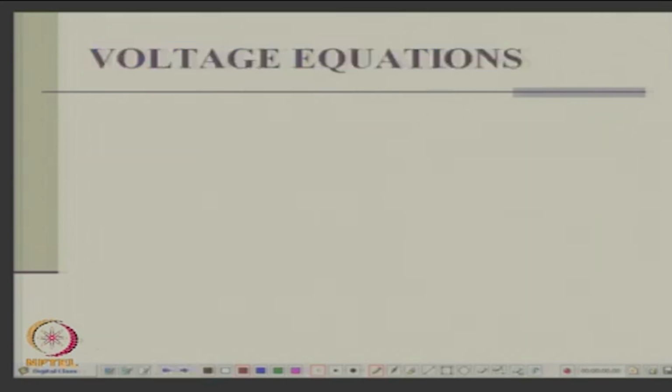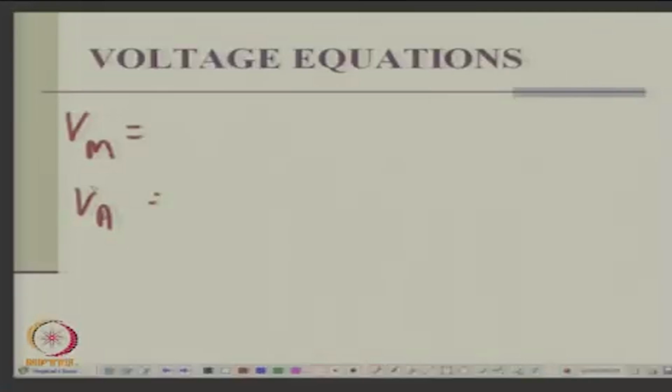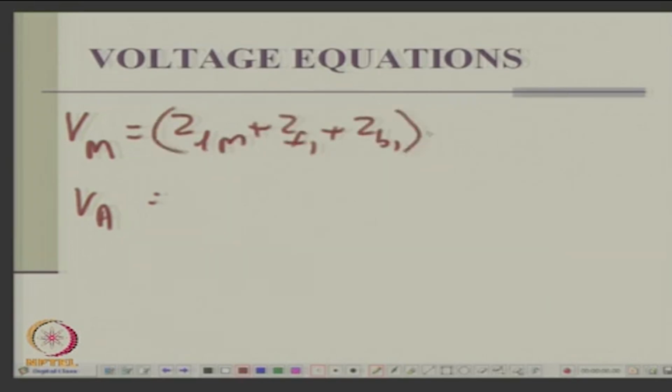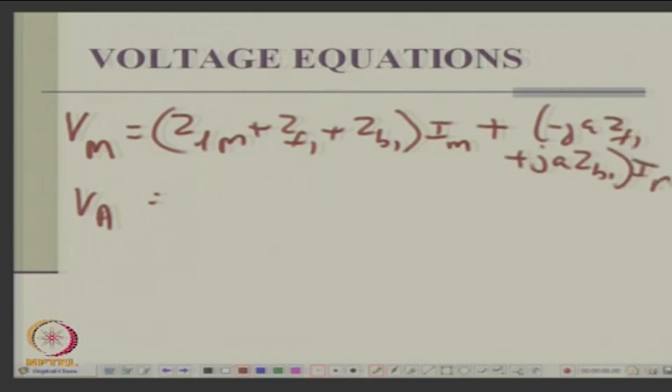Then last time we wrote the voltage equations. Okay. That means we just write Vm, Va down, is it not? Okay. And those equations are already there. So, that will be Vm equals Zlm plus Zf1 plus Zb1, okay, into Im plus minus jaZf1 plus jaZb1 into Ia.